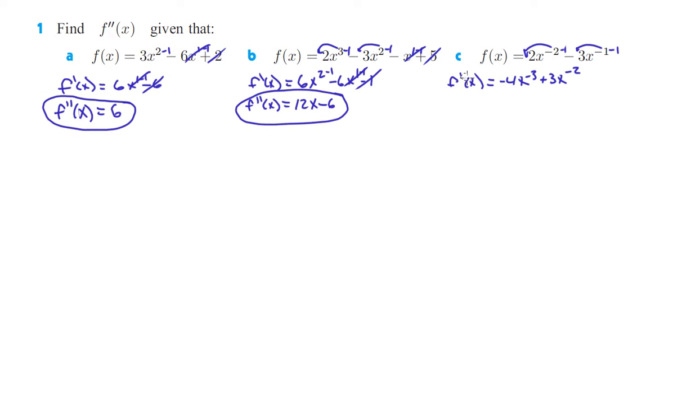That's just f prime. Right? So now we take the second derivative. F double prime of x is negative 3 times negative 4 is 12x to the negative fourth. And then negative 2 times 3 is negative 6x to the negative third. And there's our second derivative for that.